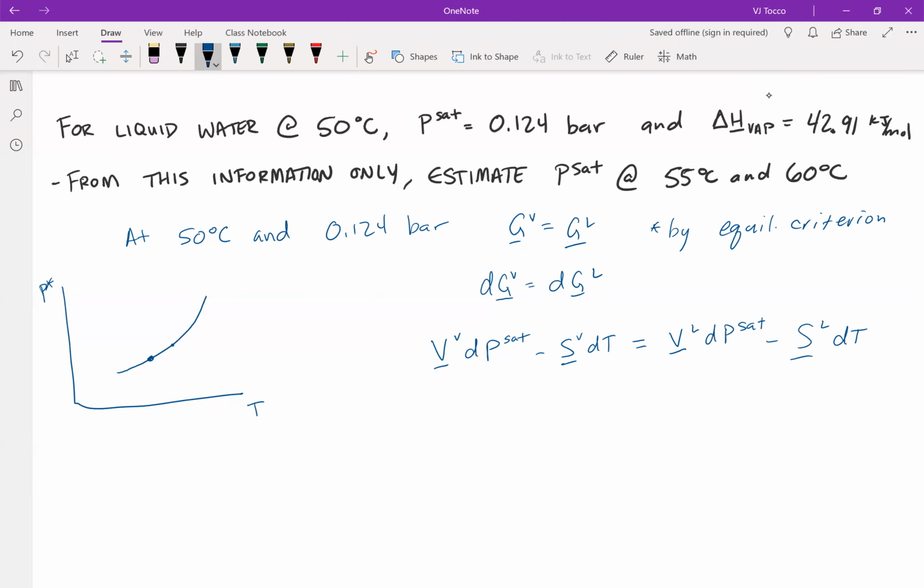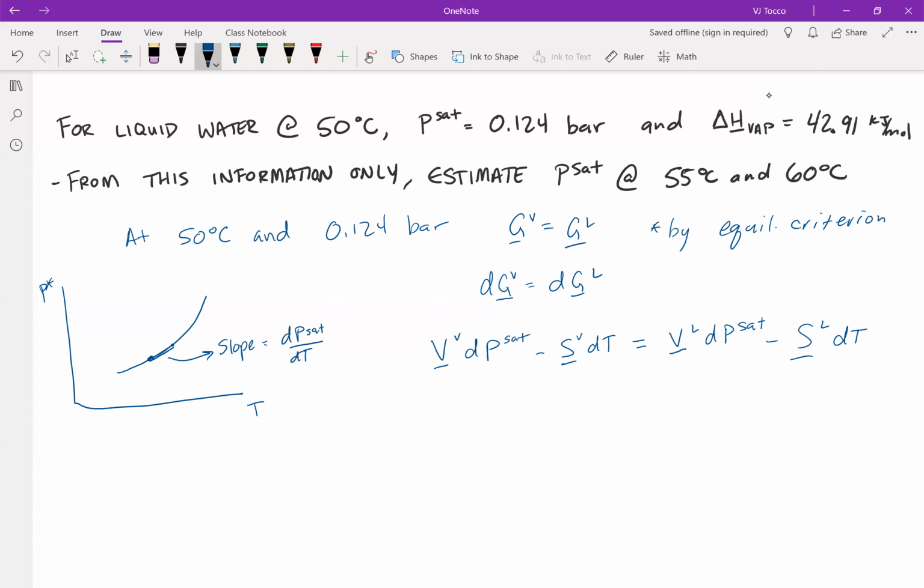Then we can rearrange this to get dP sat dT. That's going to be the slope of this curve. When vapor pressure is plotted versus T, the slope of this curve is dP sat over dT.